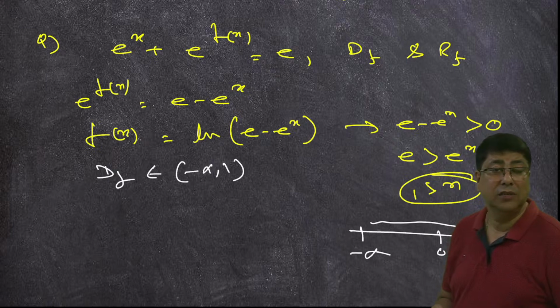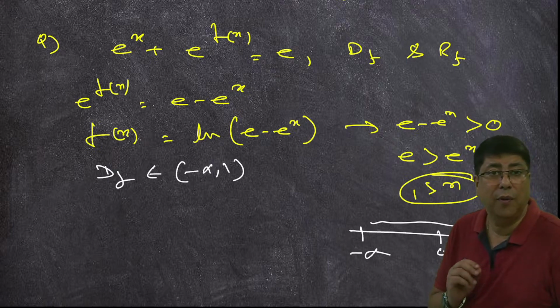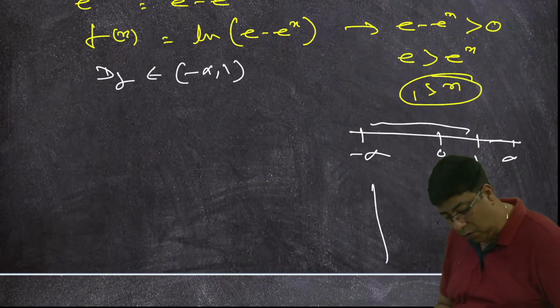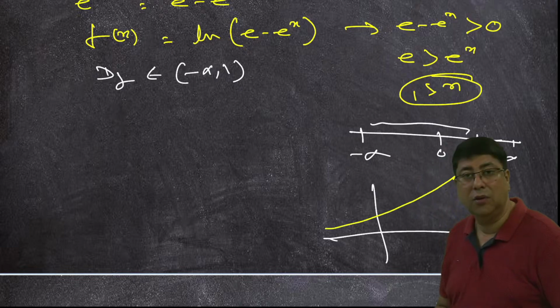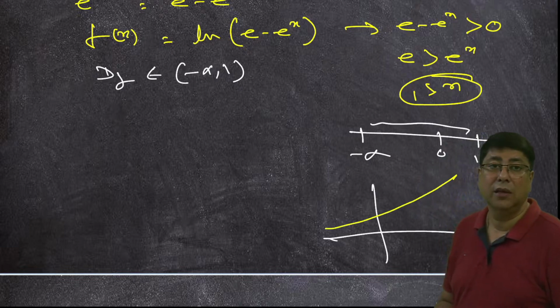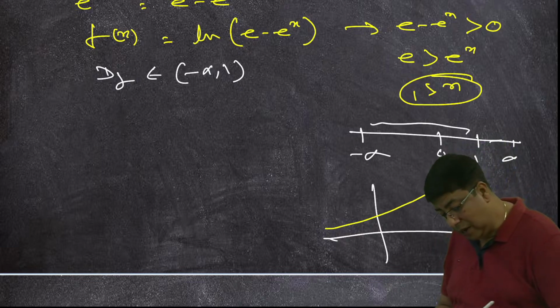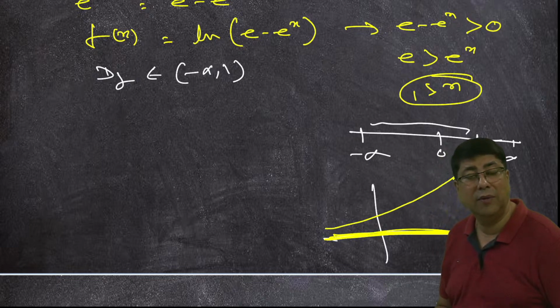Now regarding the range, everybody understand what is e to the power x. y equals e to the power x is always greater than 0. Why am I saying this? Because this e to the power x curve greater than 0 means this line is 0, at this line y is 0.